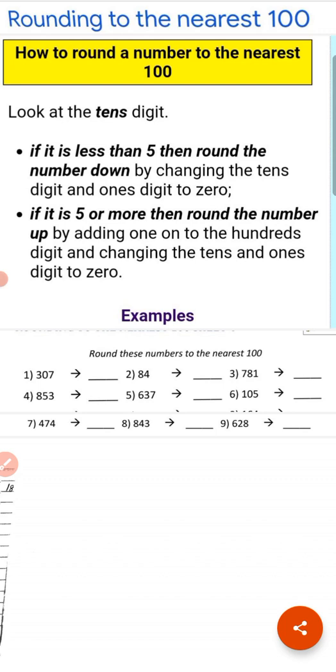So children, here we are rounding a number to the nearest hundred. When rounding to the nearest hundred, look at the tens digit of the number.